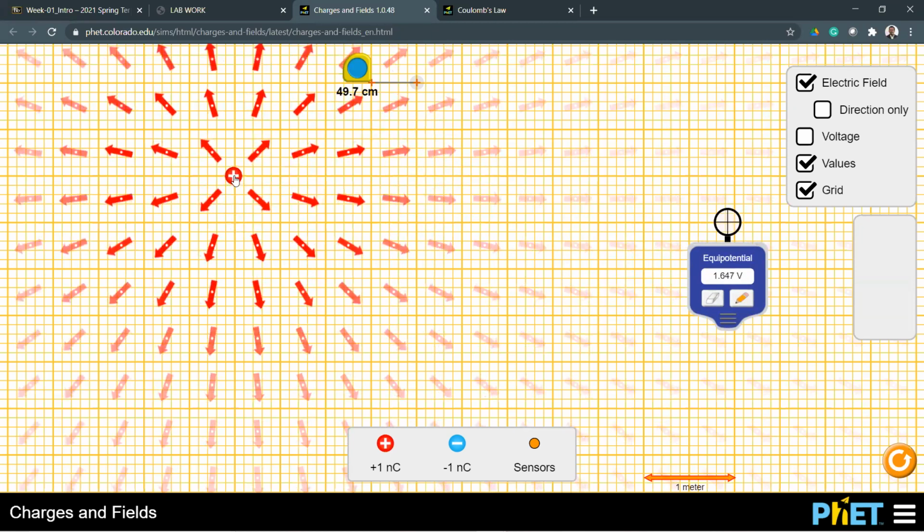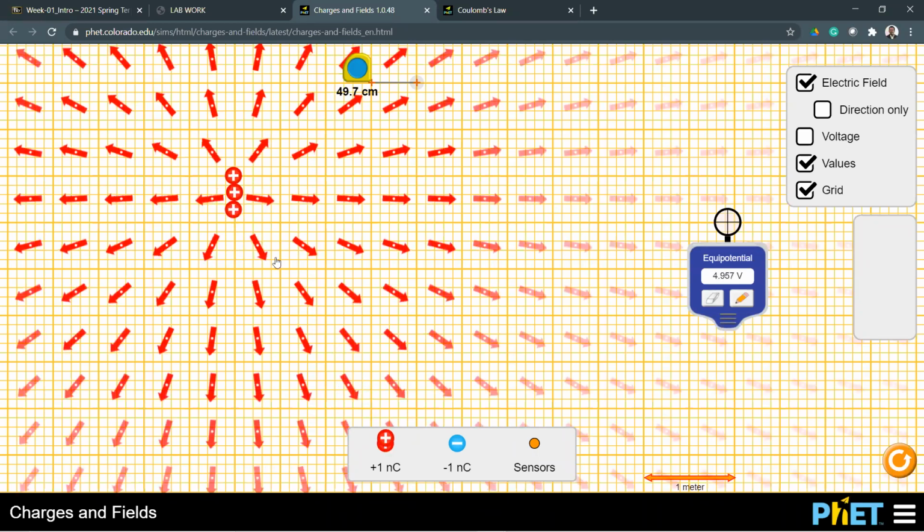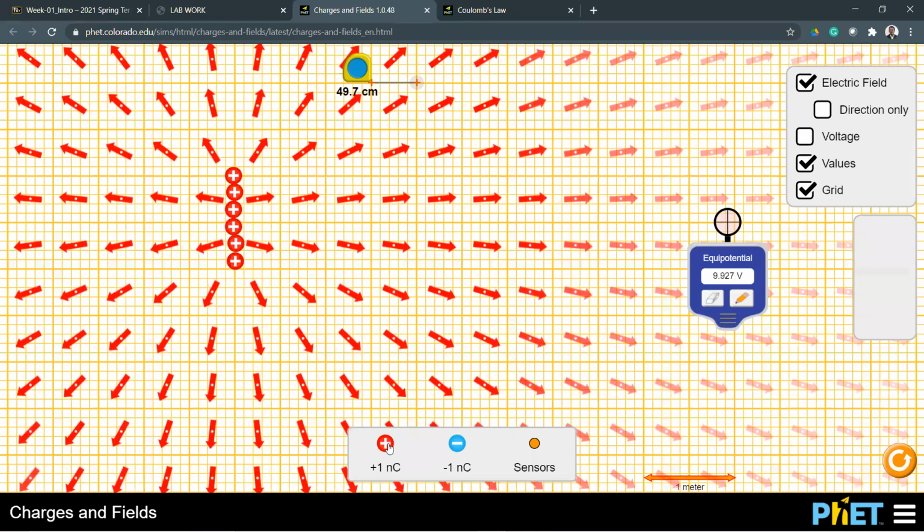I can put one particle here, then bring more particles and put them close to each other. See that? If I put them close by each other, particle after particle, then technically I can build a rod, right? So that now looks like a charged rod. That's what you have to do.